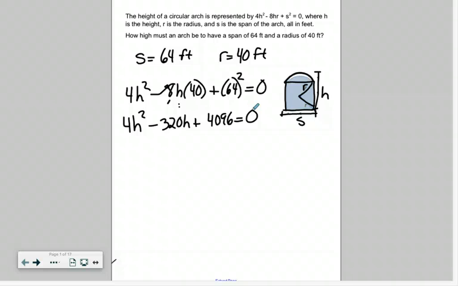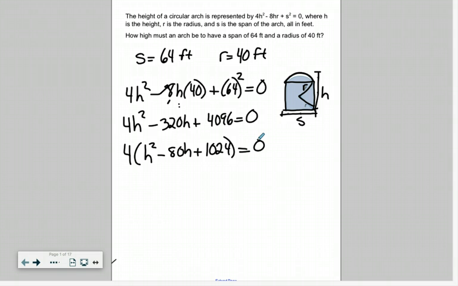Right? So I'm going to first see that all these terms are divisible by 4, factor out the 4, and I'm left with h squared minus 80h plus 1,024 is equal to 0. Now I'm looking for my two numbers that multiply to give me 1,024 and add to give me negative 80. And after a little bit of searching, I come up with negative 16 and negative 64. So 4 times h minus 16 times h minus 64 is equal to 0.